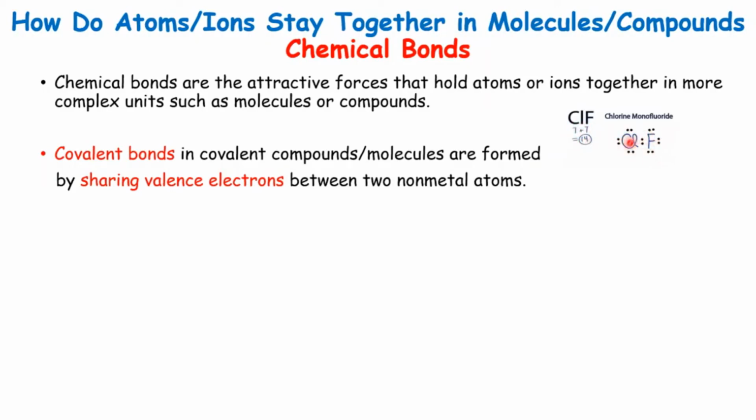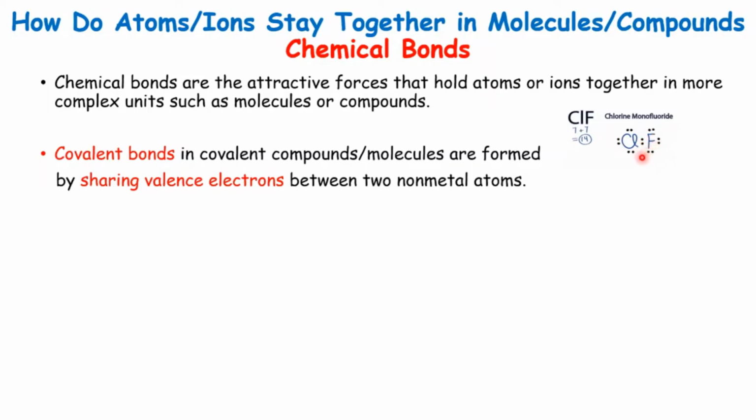And then we can draw the Lewis electron dot formula right here. That's a total of 14 electrons. But if you concentrate on each atom, then there are 8 electrons surrounding each of them: 8 surrounding chlorine, also 8 electrons surrounding fluorine.